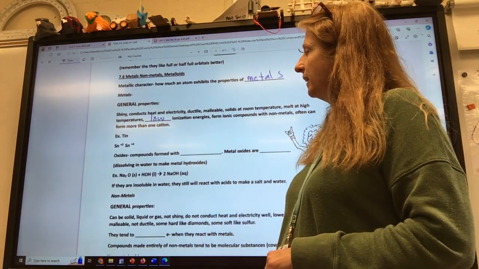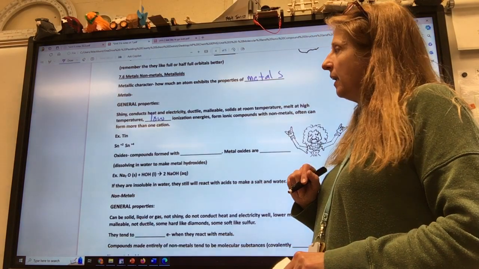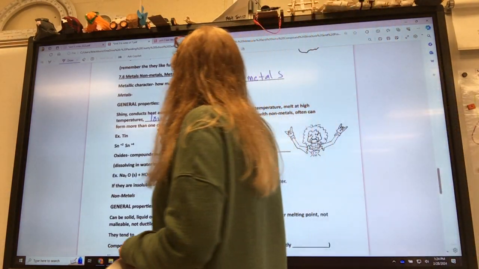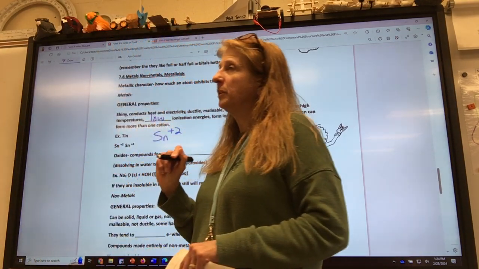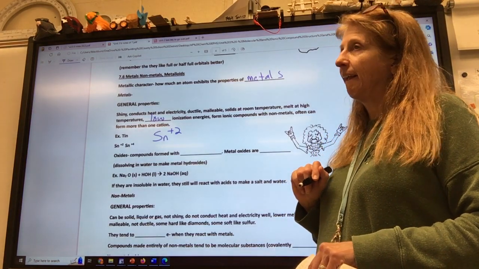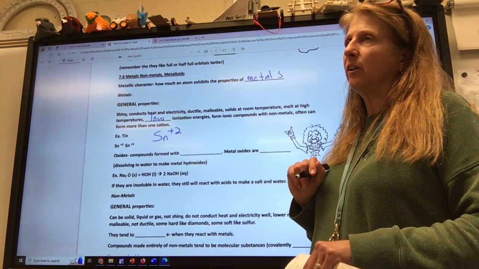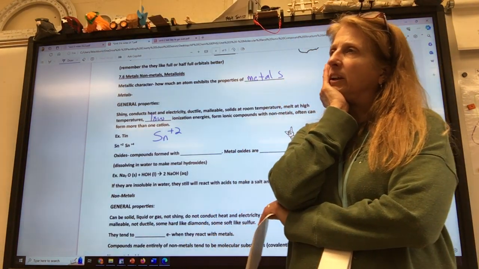So let's talk about tin. Tin can be tin 2 or tin 4. Now, we can think about why that is. To become tin 2, is it going to gain or lose electrons? Lose. Okay, so everybody look at tin on the periodic table. Which 2 electrons is it going to lose?